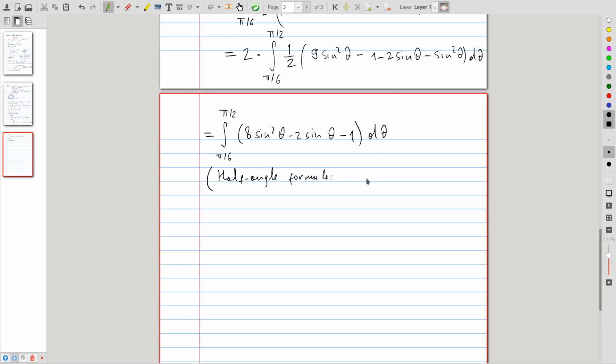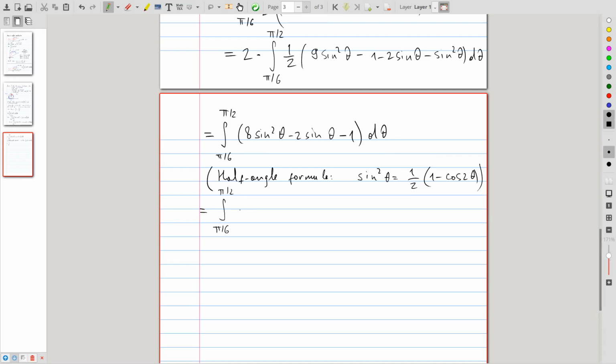So recall that by the half-angle formula, we have that sine squared of theta equals 1/2 times 1 minus cosine of 2 theta. Substitute this identity into our integral to obtain the following.